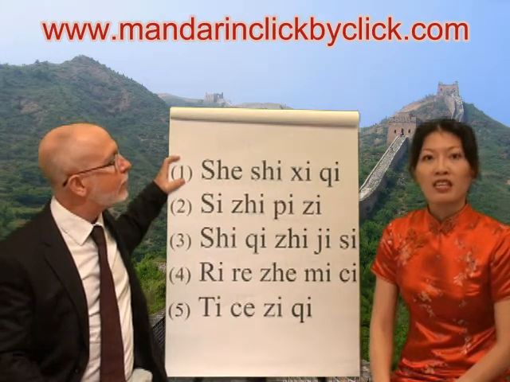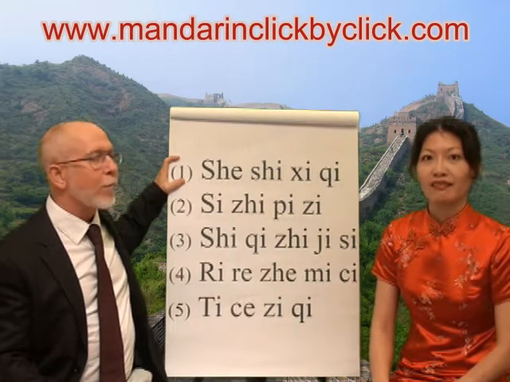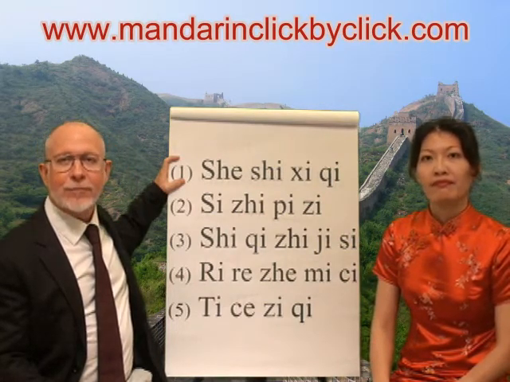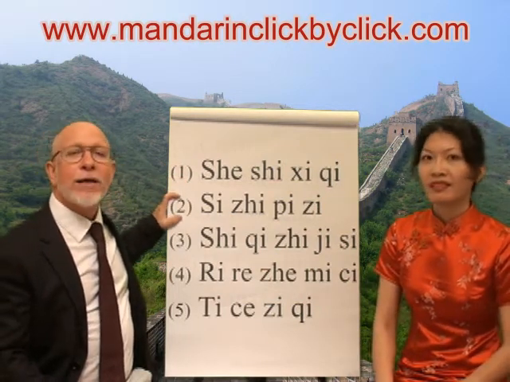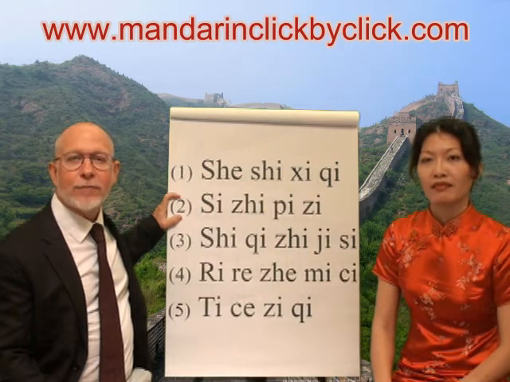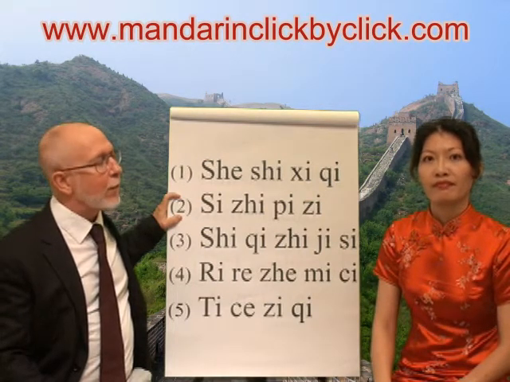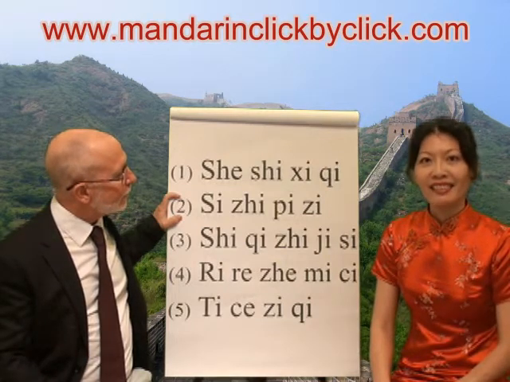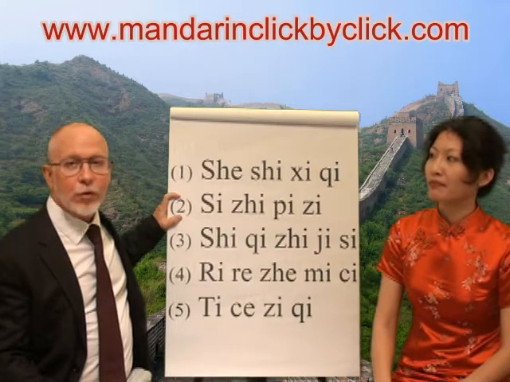Let's hear it. 奢 施 西 七 Repeat it. Read number 2 aloud. Let's hear it. 丝 织 披 滋 You can repeat it.